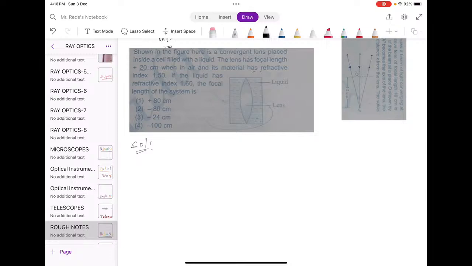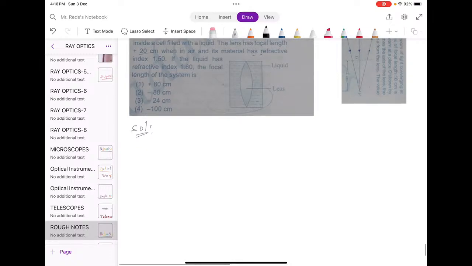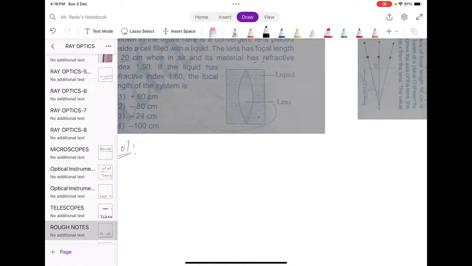The lens has a focal length of plus 20 centimeter when in air, and its material has refractive index 1.5. If the liquid has refractive index 1.6, the focal length of the system is?